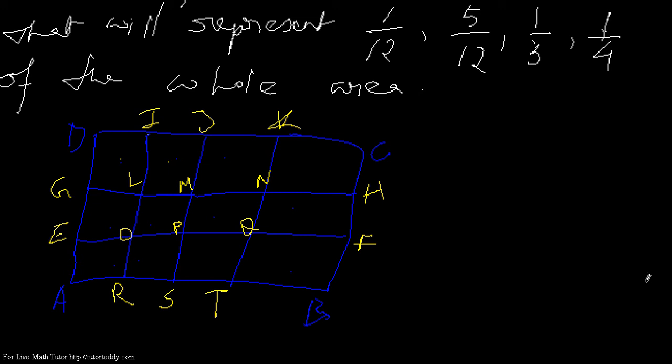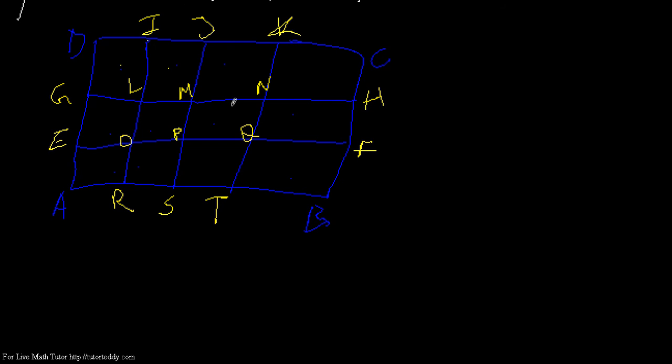So in the question they have asked by means of letters indicate the portions that will represent these fractions. So what I can write is, all these smaller boxes, let me start from below.